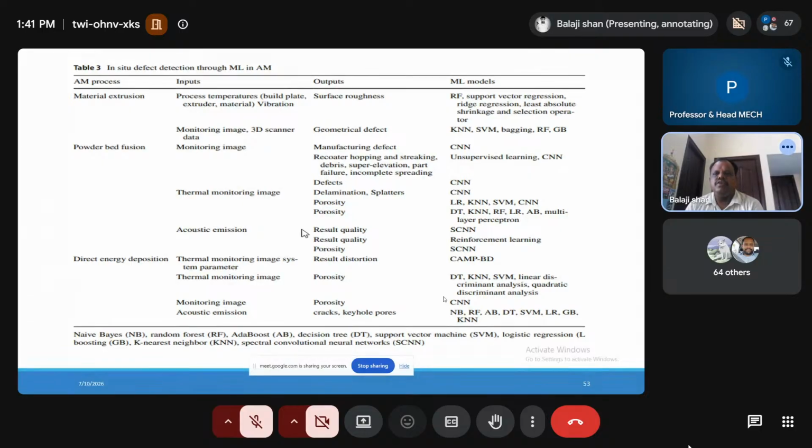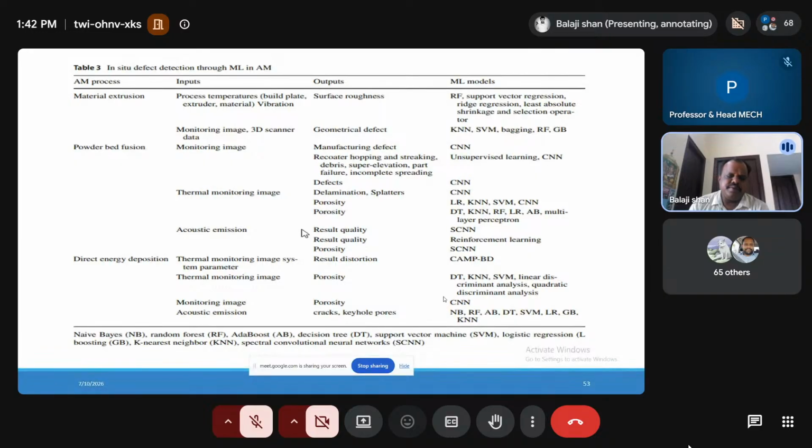They are using CNN, unsupervised learning, LR (logistic regression), random forest, AdaBoost, and spectral convolutional neural network based machine learning for detection of errors in the powder bed fusion process.